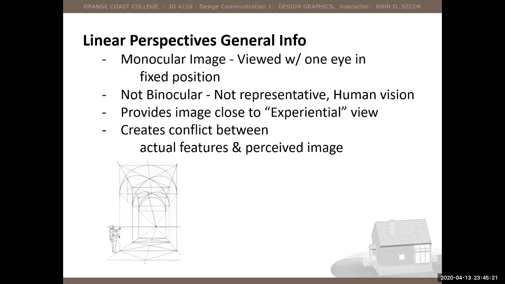What we learn about human vision is that we get the benefit of depth perception from having binocular vision. So some of the challenges with perspectives are that we don't get the full sense of binocular vision, but we do get pretty close.